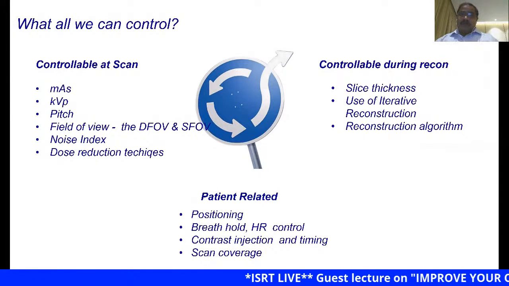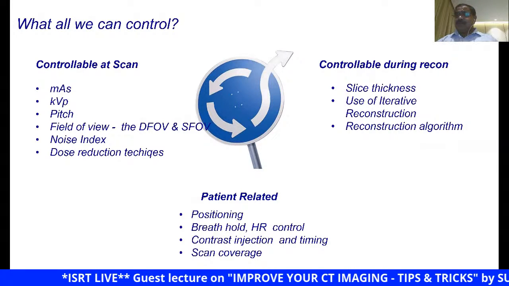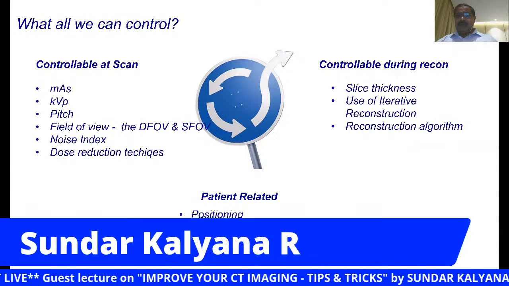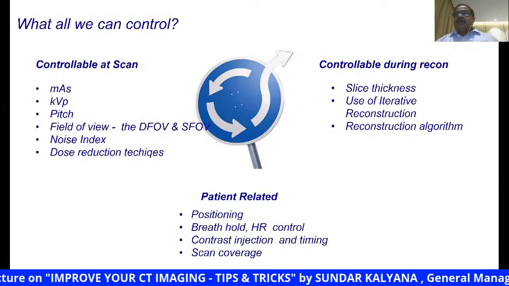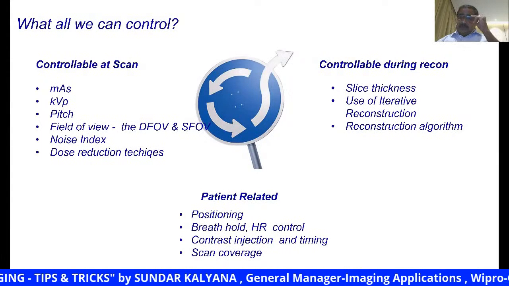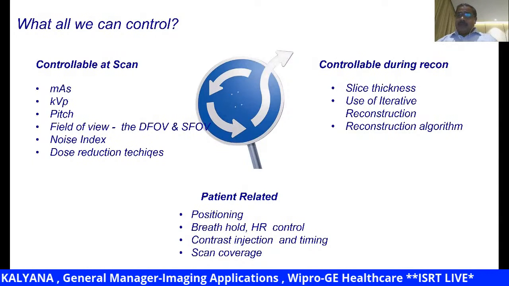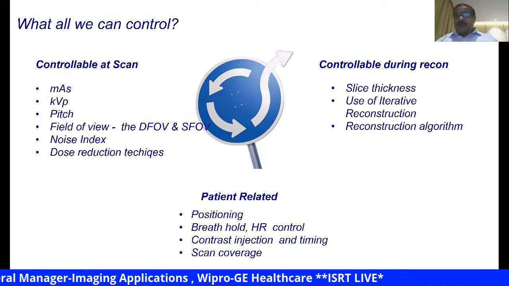Some of them are controllable during the scan, like mAs, kV, pitch, or SFOV, the field of view, etc. Certain other things are controllable during the reconstruction. And there are a set of other parameters which are all patient related.